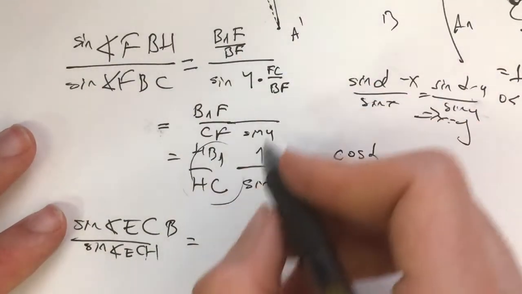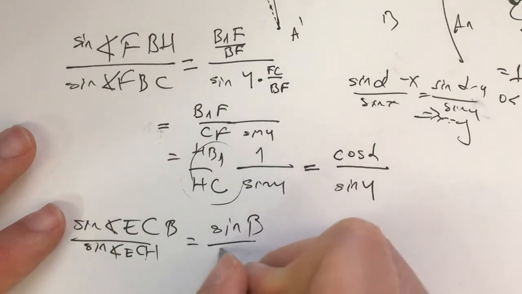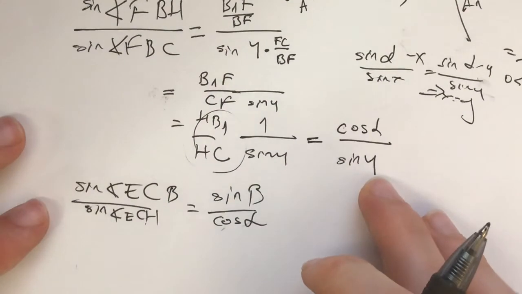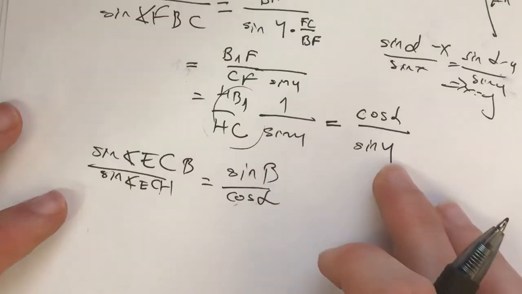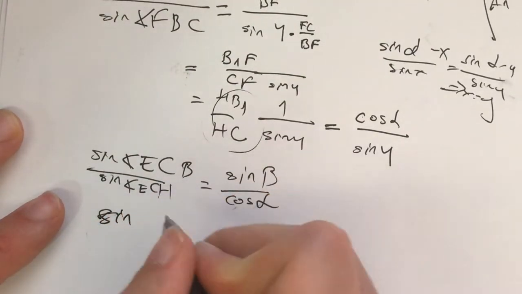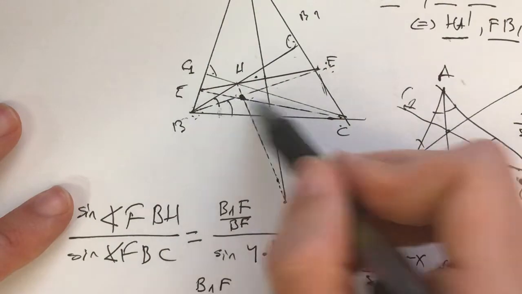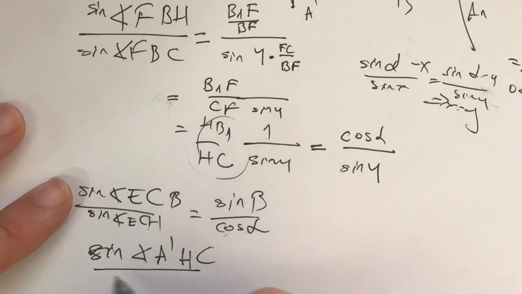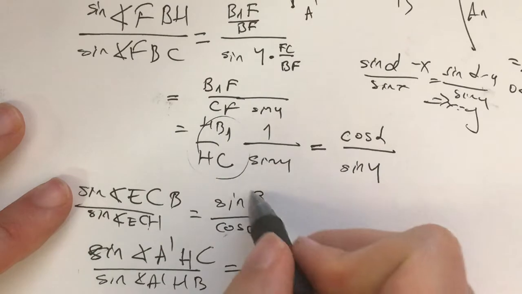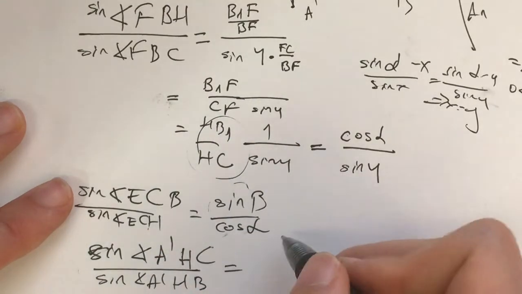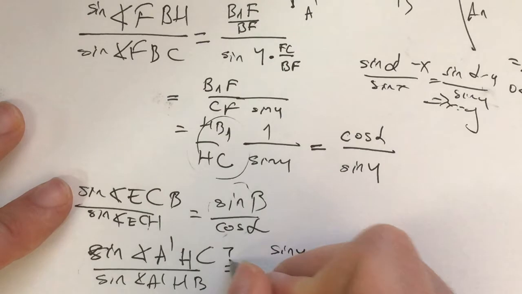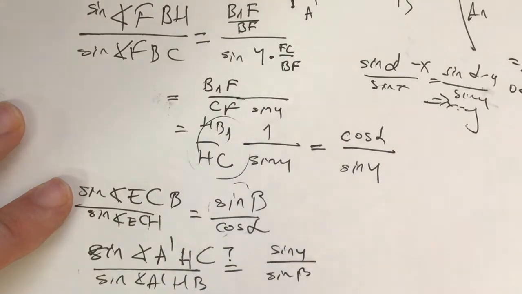And this will be equal to, similarly to this, sine of beta over cosine of alpha. So what we're left with, the final thing, is A prime: the sine of the angle A primeHC over the sine of A primeHB. So for these to cancel out, we need this to be sine of gamma over sine of beta.